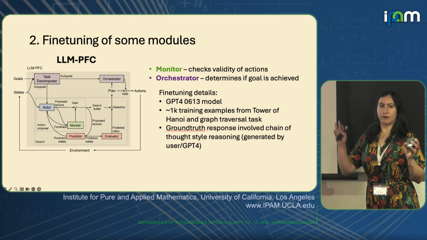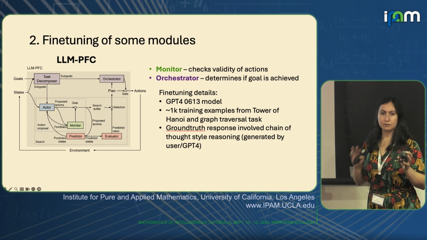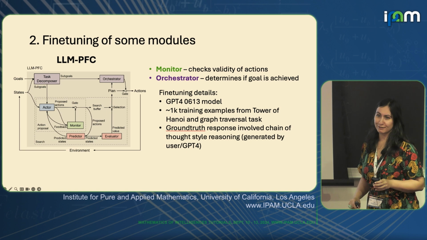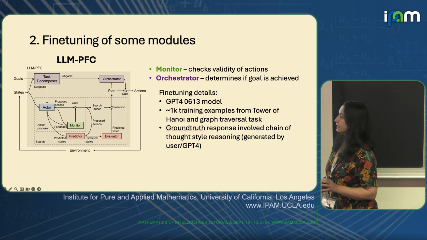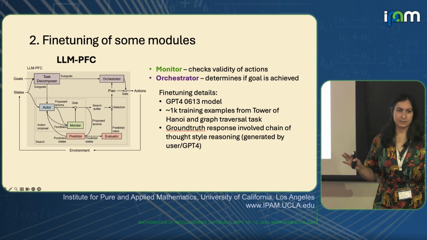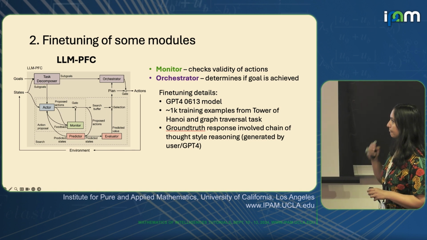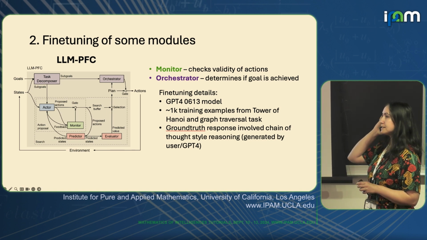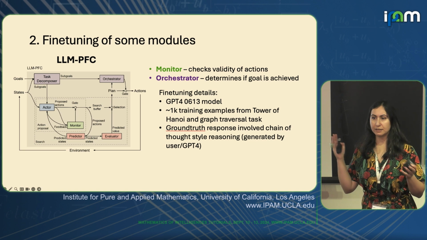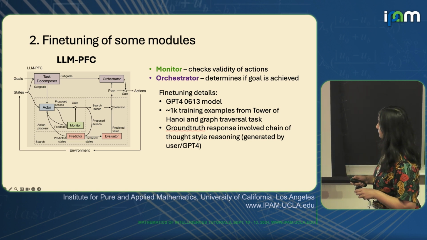Take the term fine-tuning with a grain of salt, because usually, like in continual learning, you have certain criteria, but unfortunately it's in the order of 1,000, not in the order of 10,000 or 100,000.